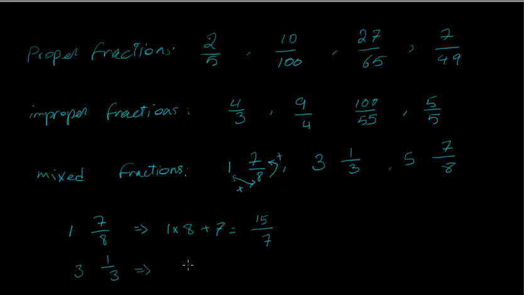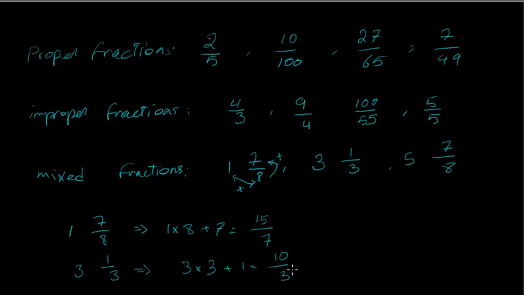So we multiply the whole number by the denominator and add it to the numerator, which is 1, and the result will be 10 over 3.